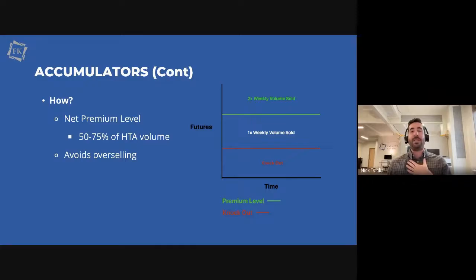What we typically say at Farmer's Keeper is, then what you should do, instead of committing an accumulator for 100,000 bushels, do about 50 to 75% of that volume. So do 50 to 75,000 bushels instead. The reason we say that is we want you to be safe and we don't want you to be overcommitted.